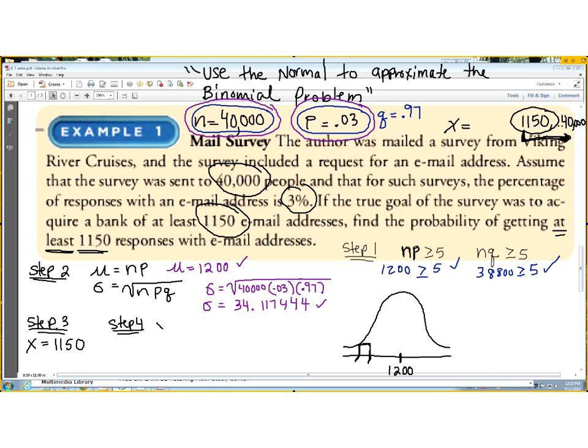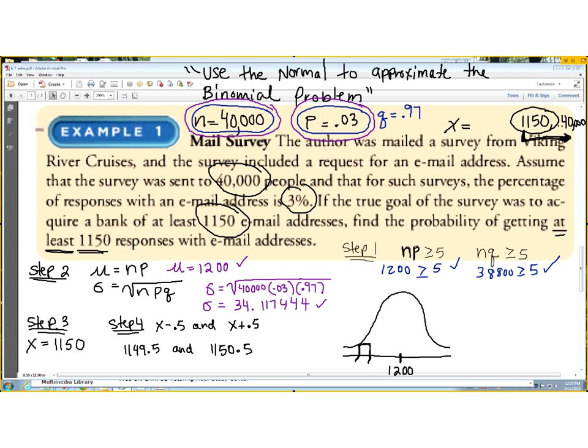So step 4 requires that I take x minus 0.5 and x plus 0.5. So that means that these are my markers for that strip. So the strip starts at 1,149.5. That's what happens when I subtract 0.5 from x. And that strip ends at 1,150.5.